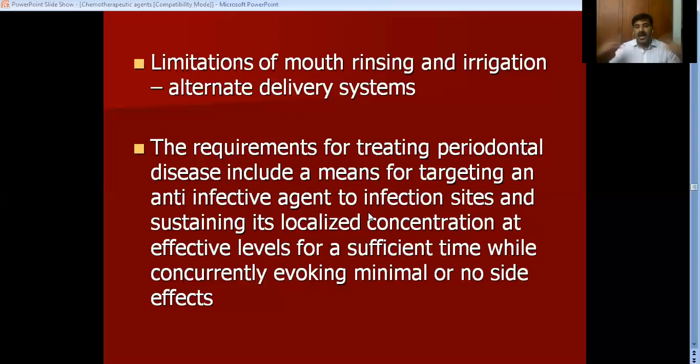It will provide a high concentration of the drug at that particular area without much systemic effect. So that is the basic idea of local drug delivery agents, and this is the rationale of using them.